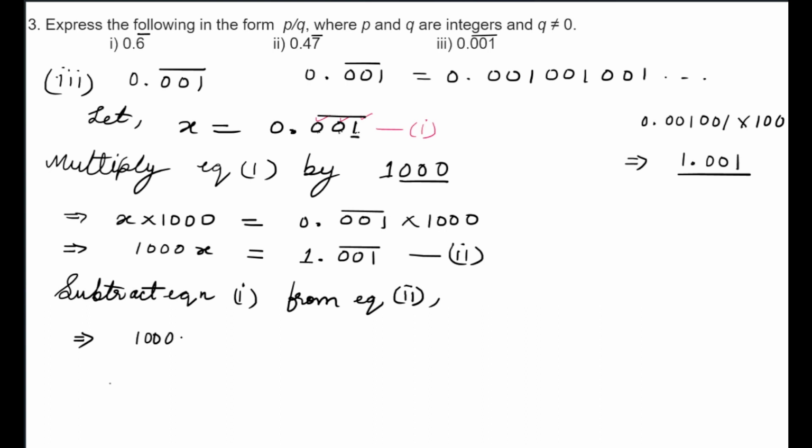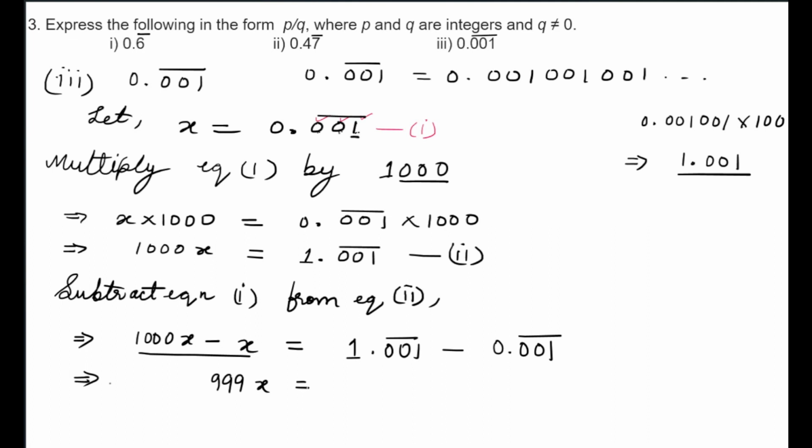So 1000x minus just x, and 1.001 bar minus 0.001 bar. So here you get 999x, and here, since this whole will become 0, you will get just a 1.